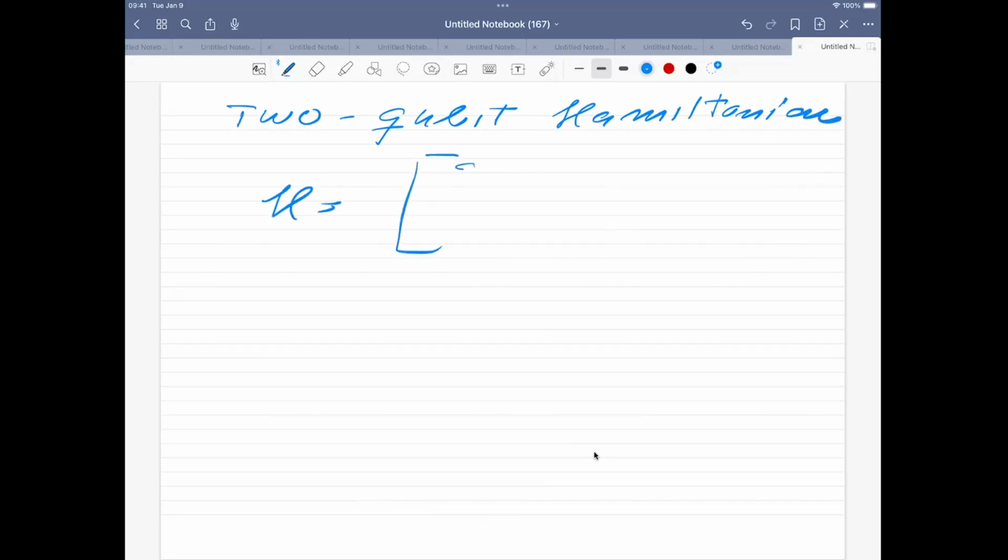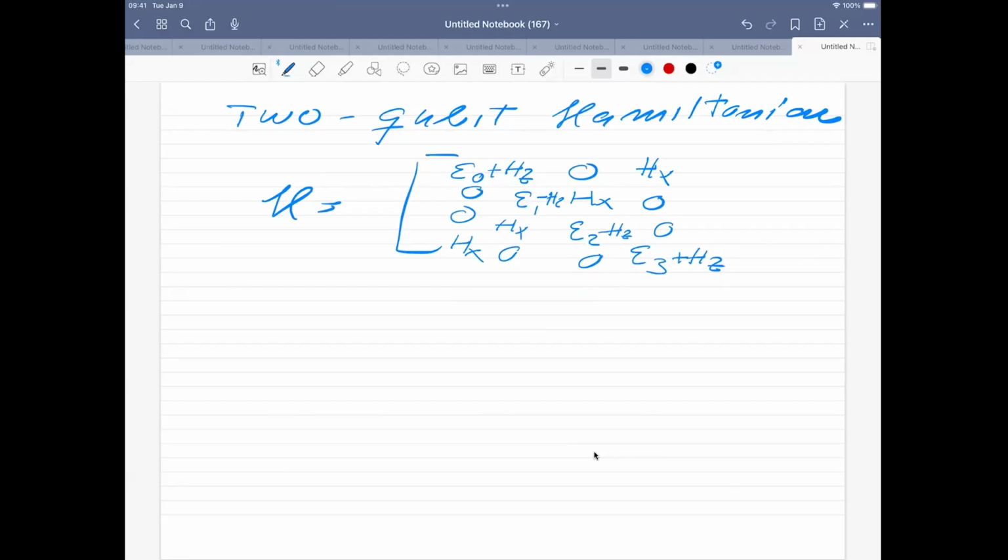There is some epsilon 0, epsilon 1, these are the diagonal cases, epsilon 3. And here we have a plus HZ, there's a 0, there is an HX. There is an HX here and a 0. This has a minus HC, there is a minus HZ, and there's a plus HC. There's a 0 here, a 0. And then here we have an HX and an HX, 0 and 0. And 0 here. That's the Hamiltonian which we have.